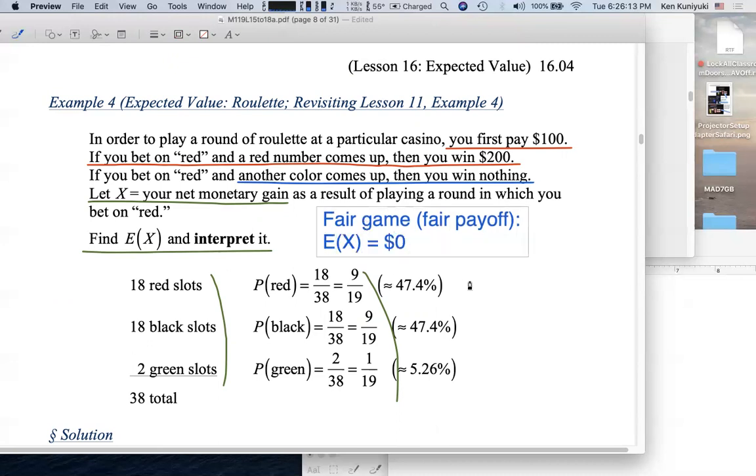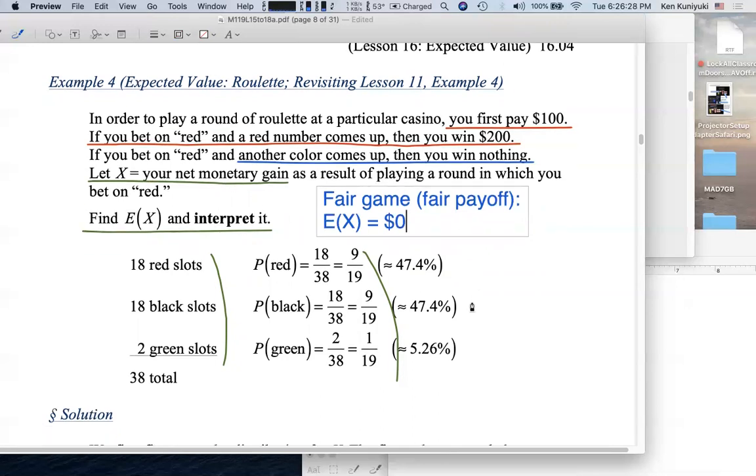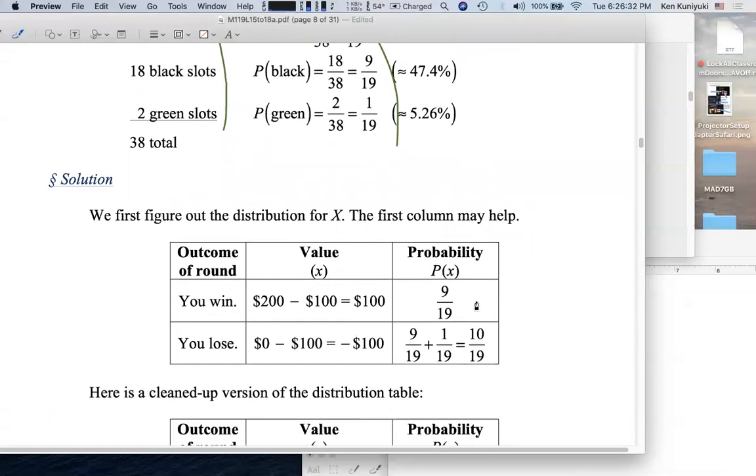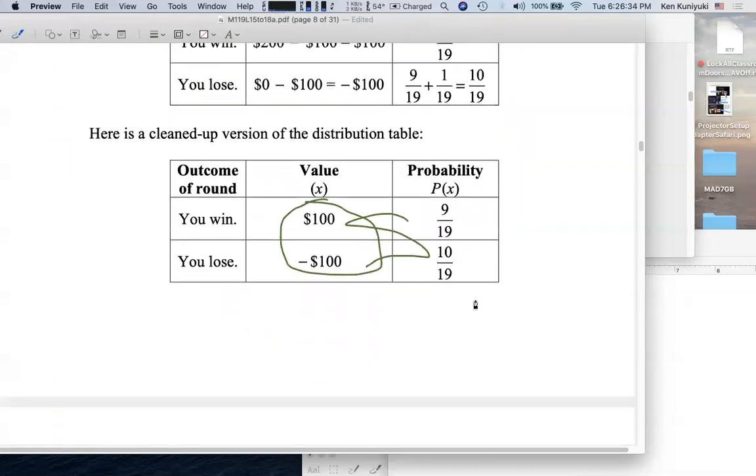That means no harm, no foul. That means that in the long run, you don't expect either the casino or the player to make a gain. But of course, casinos are in it to make money. So if E of X is the expected value of X, where X is the net gain to the player, then E of X will typically be negative if you're playing a casino game. In order for E of X to be 0, this would have to be a bit more than $100.